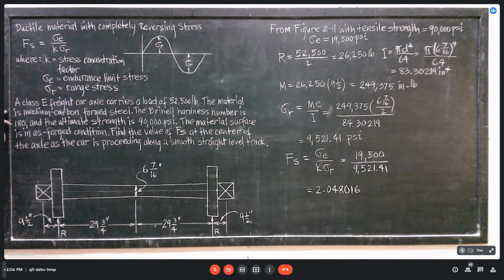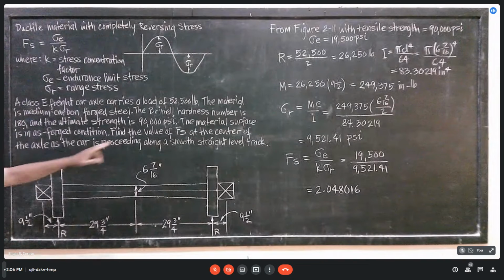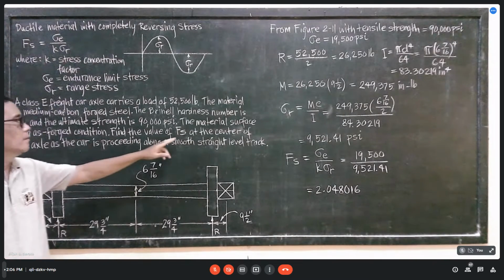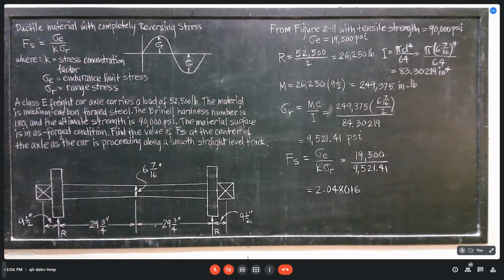It has a Brinell hardness number of 180, and the ultimate strength is 90,000 psi. Ultimate ni siya, and the material has a forged condition. So, we are going to find the factor of safety.